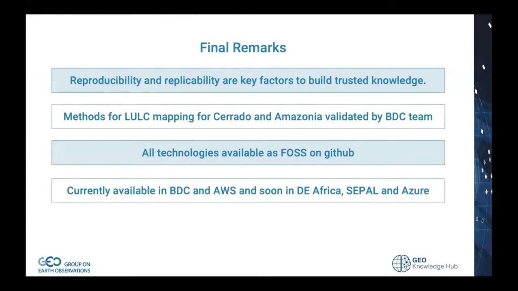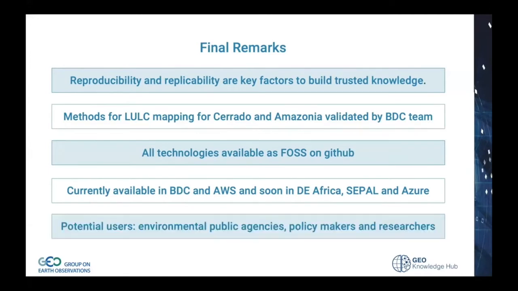The main technology behind the classification, the SITS package, works with data from the Brazil Data Cube or the Amazon Web Services. We are on the road to support SIPO, the Microsoft Azure, and Digital Earth Africa. And the potential users of this application range from environmental public agents and policymakers to researchers.